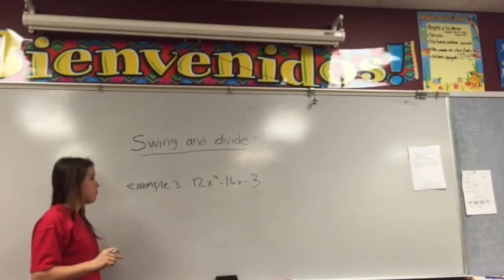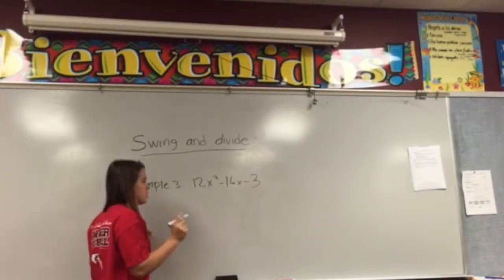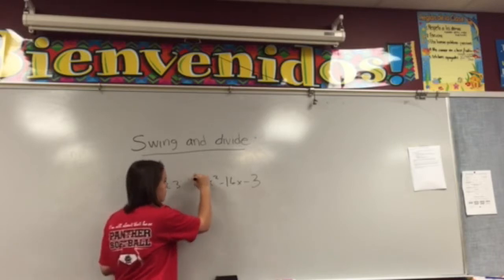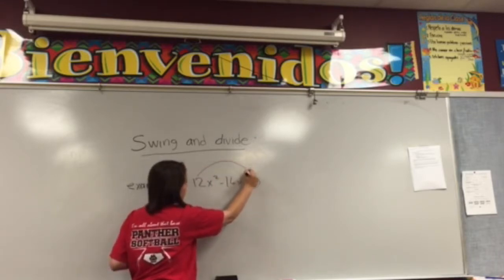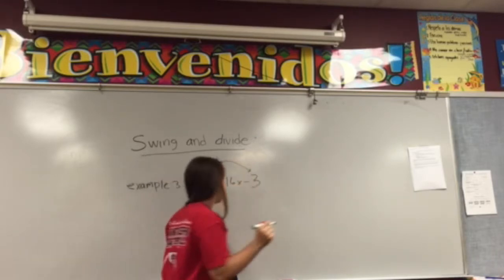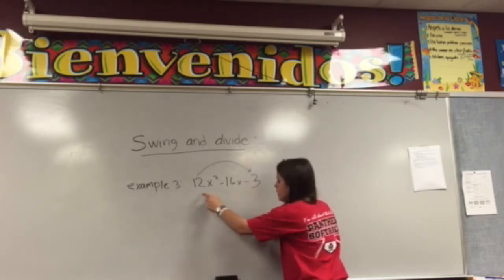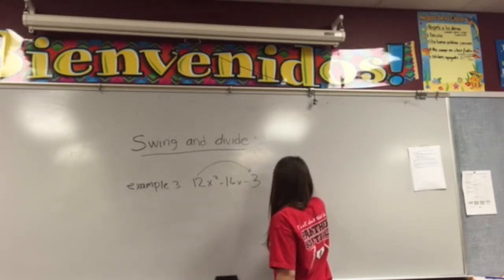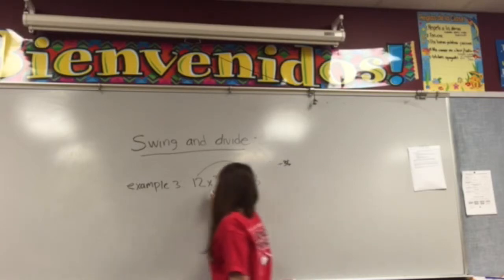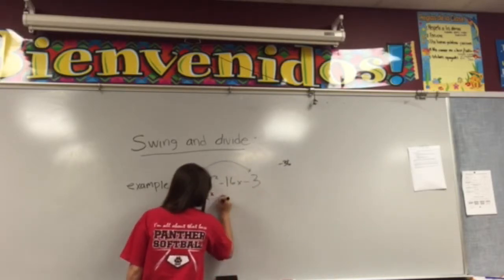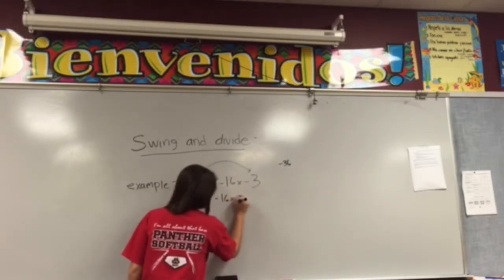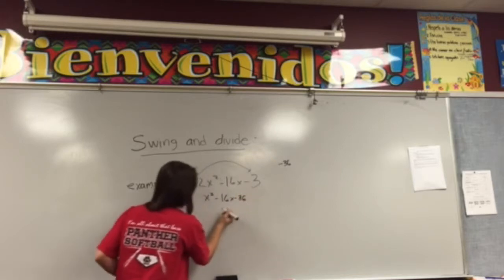I will be showing you an example of swing and divide. For the first step, take this 12 over to this negative 3 and multiply it. Negative 3 times 12 is negative 36. So once you have gotten that number, you're ready to find the factors.